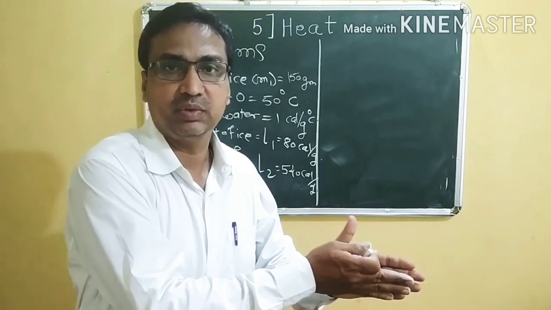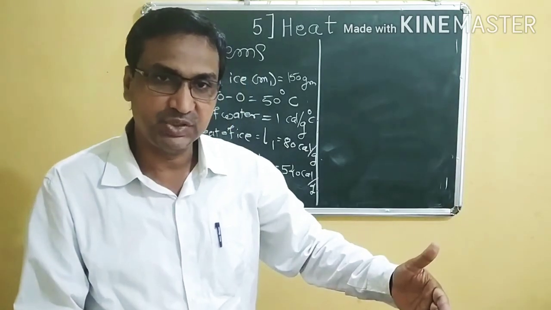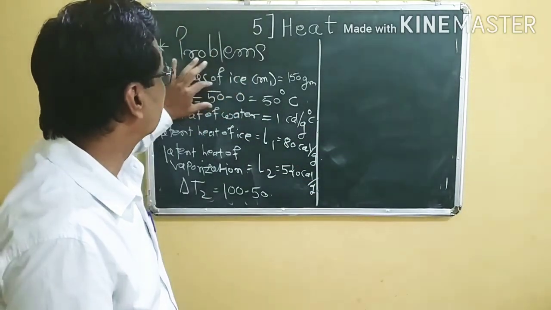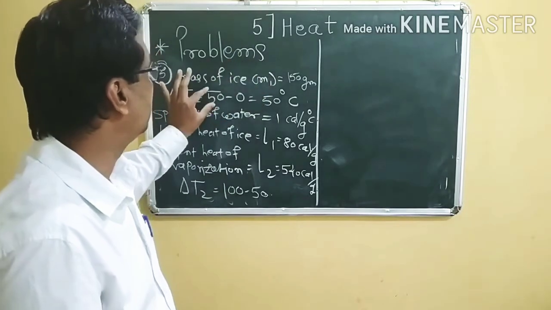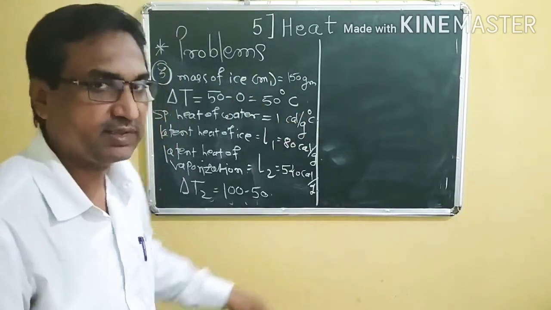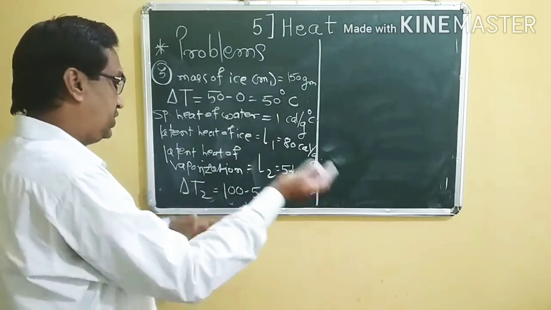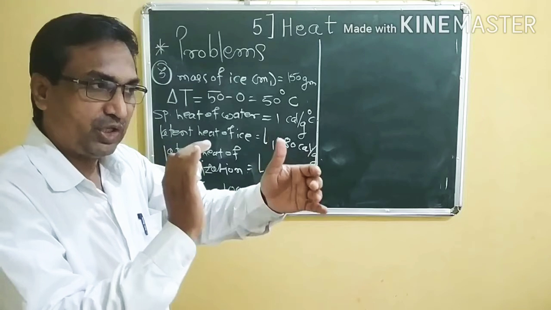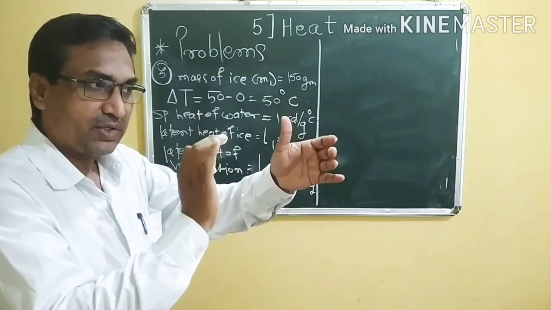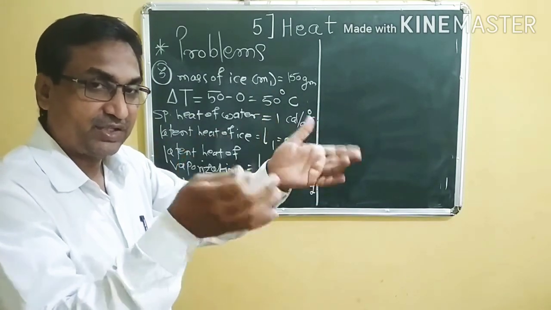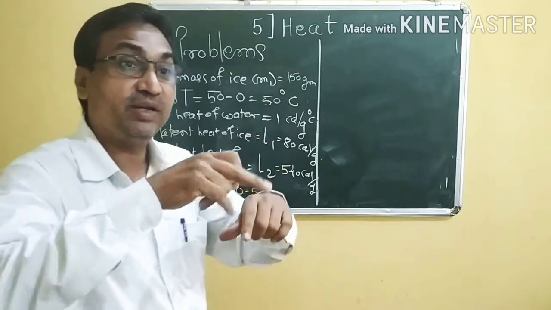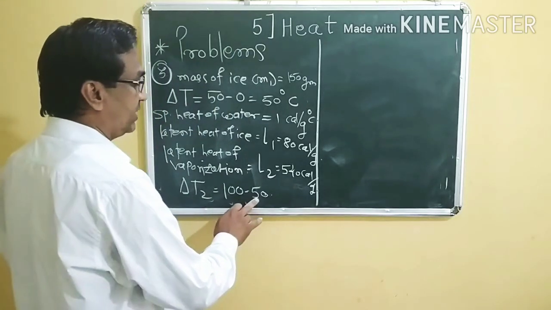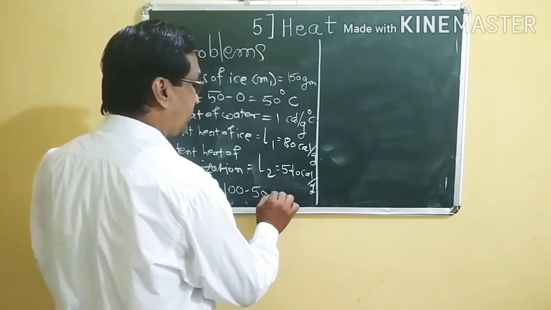Ice to water of 50 degrees Celsius means 50 minus 0, which is 50 degrees Celsius, and steam to water: we mix steam with ice, so condensation takes place and it is converted into water at 50 degrees Celsius. So delta T2 is 100 minus 50, that is 50 degrees Celsius.